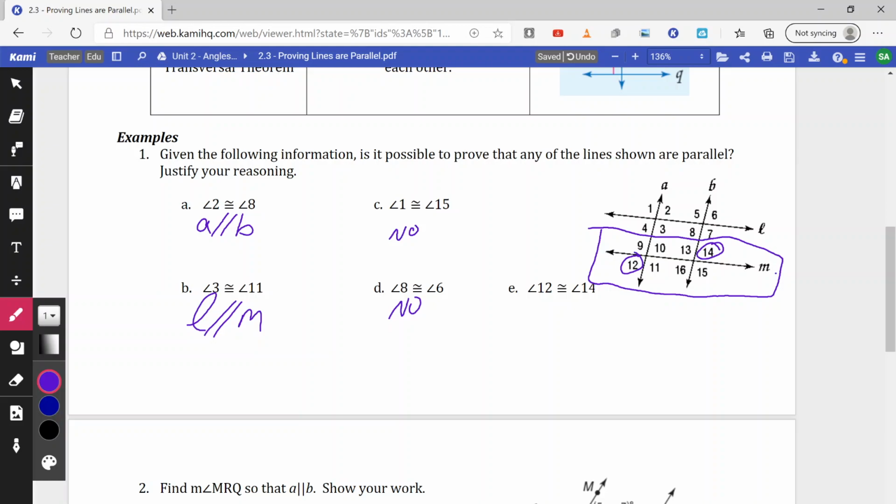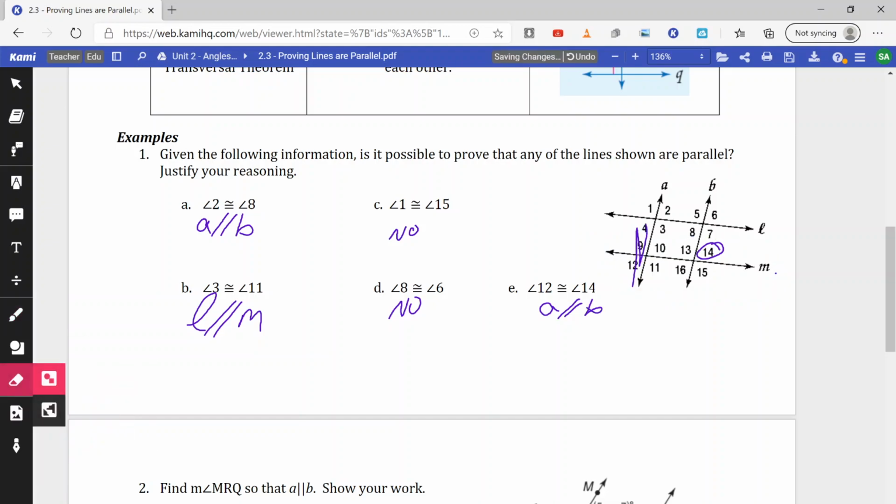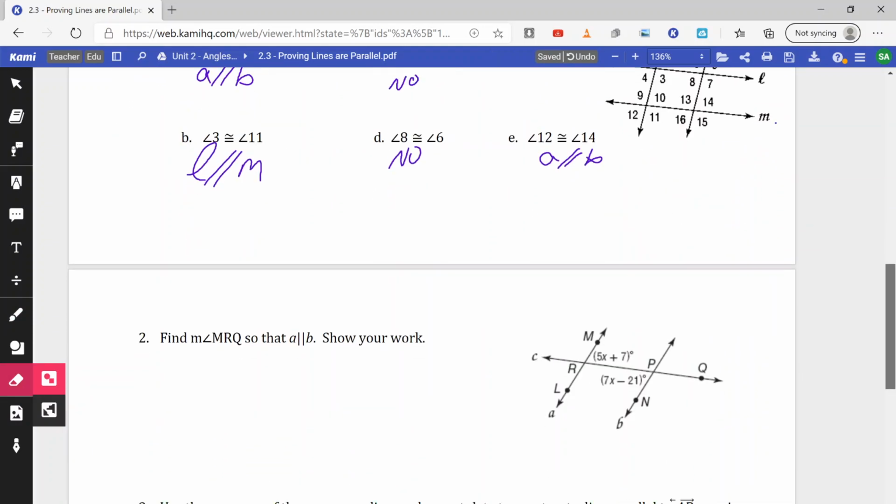They are on opposite sides of line M, and they are on the outside of lines A and B. So these would be alternate exterior angles, and we can use that to say that the two lines where they're being crossed, A is parallel to B in this case. So that is looking at angle relationships to see whether or not we have parallel lines.